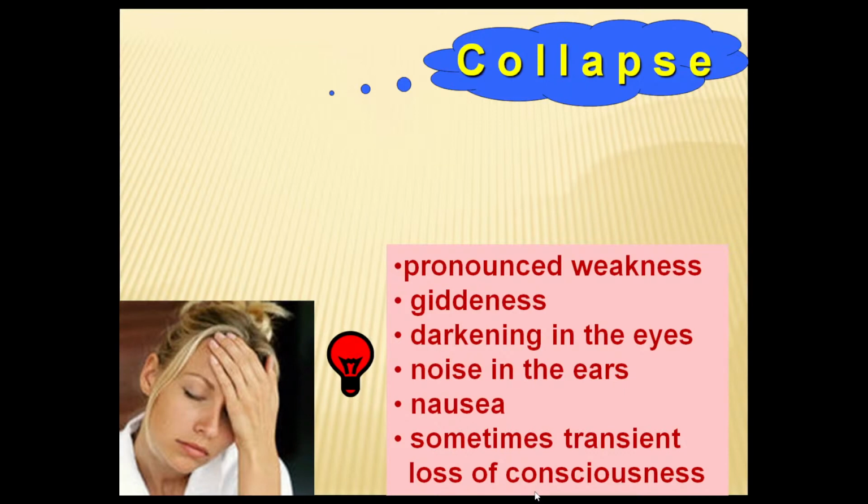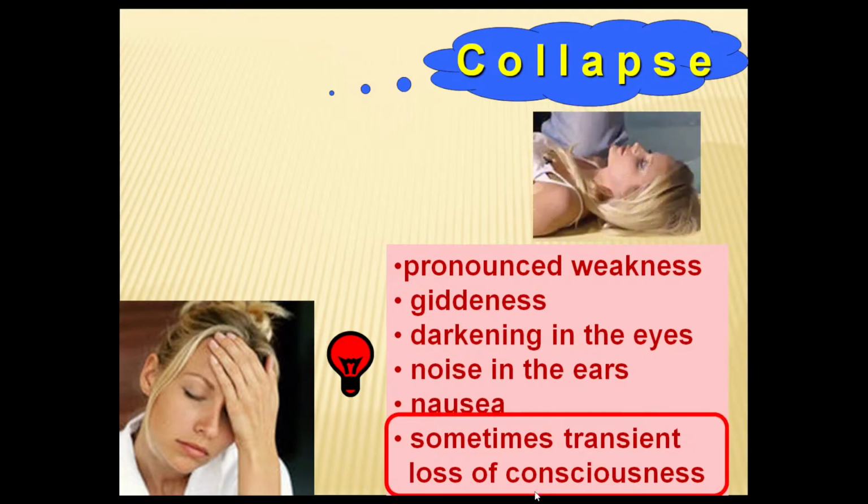Syncope cannot be without loss of consciousness. Collapse, possible. I separate it because it's not obligatory. The patient can prevent it if he immediately lies down or lowers his head.